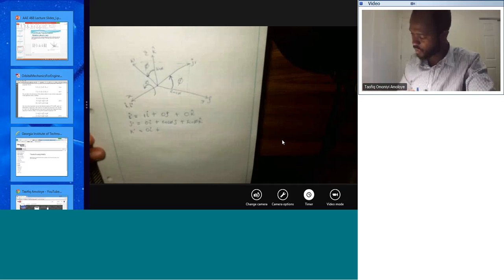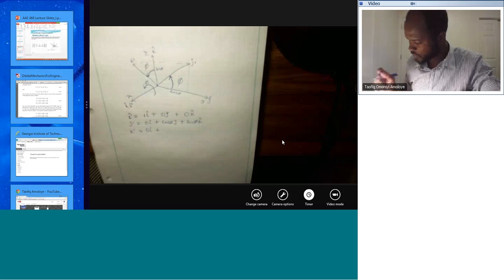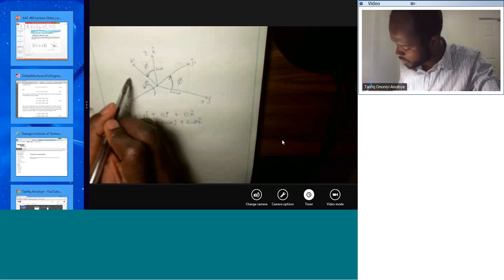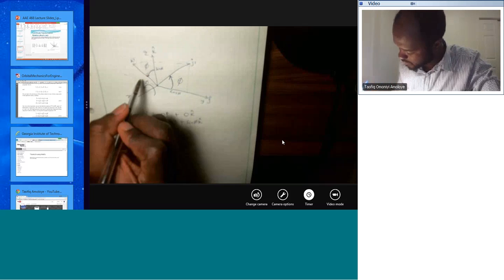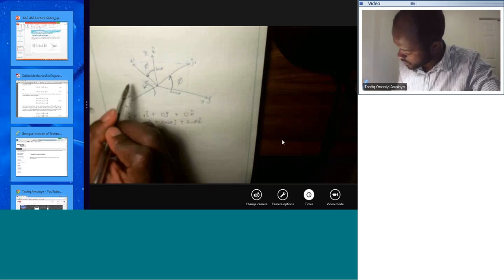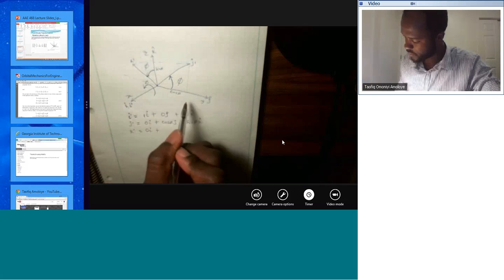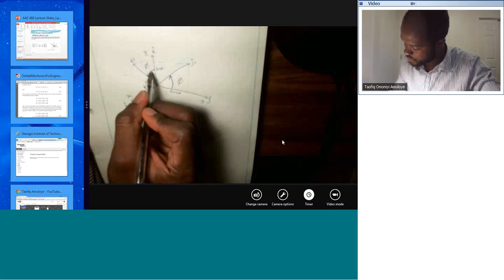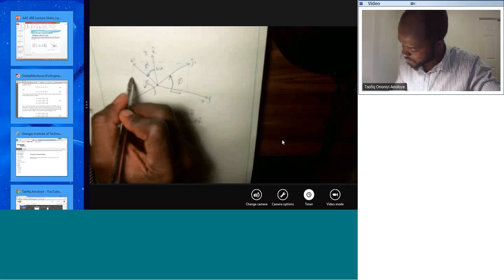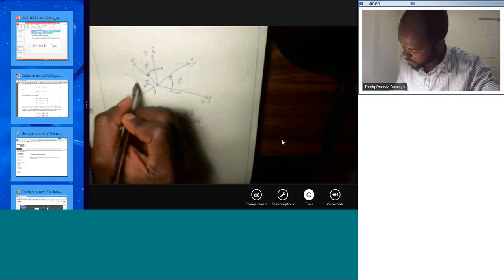Its component on the Y axis of the unprimed system is just going to be the sine of this angle that is here.